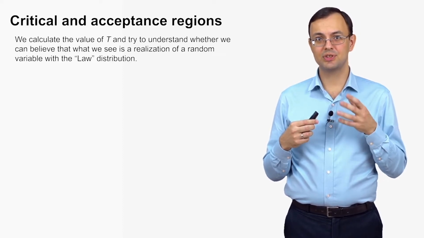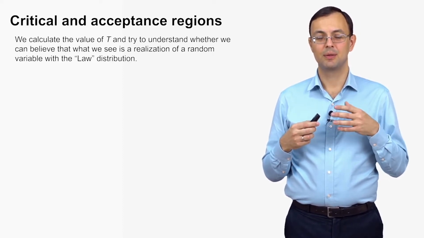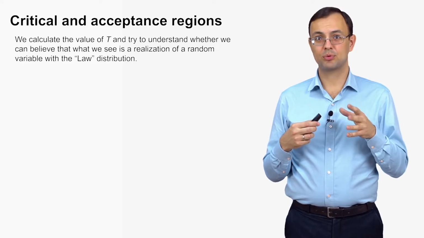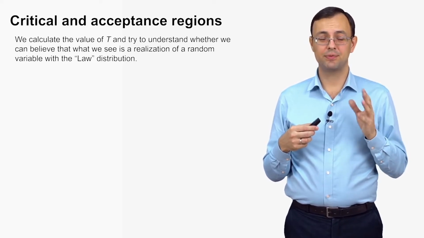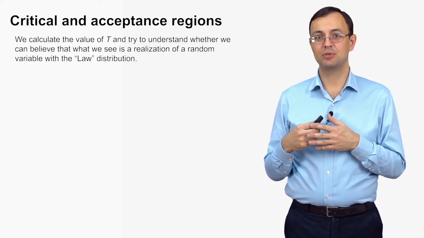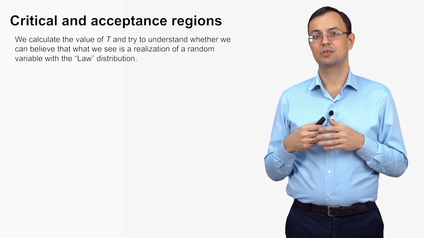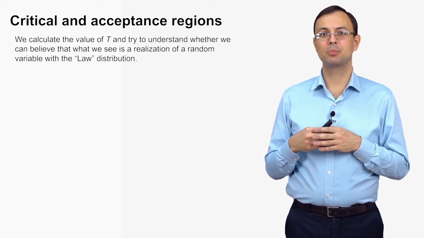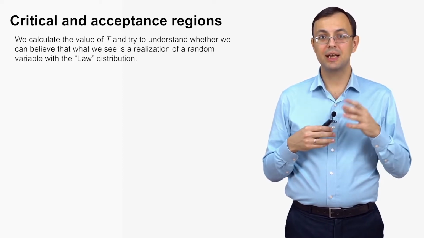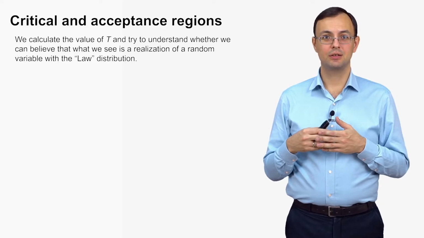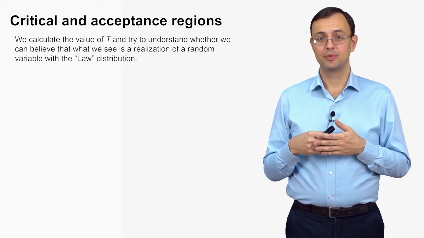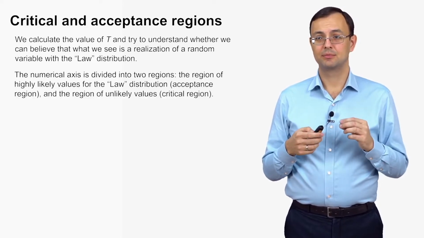And if you see that what I'm showing you is a highly probable value, you say, I believe you. If you see that what I'm showing you is a not so probable value, a rare value for this distribution, you say, I don't believe you. So this is the idea.